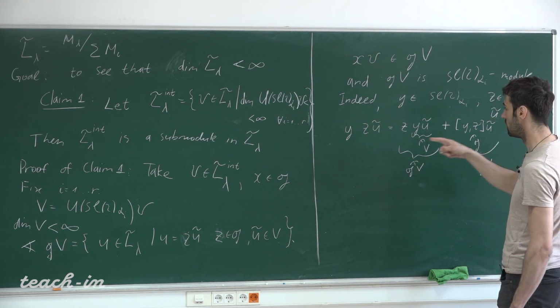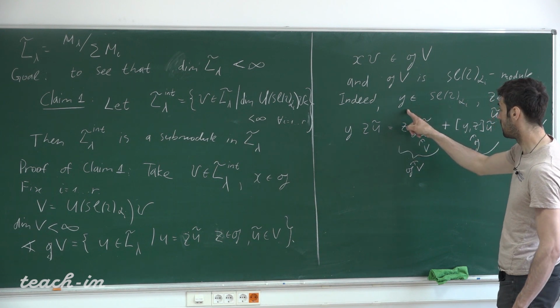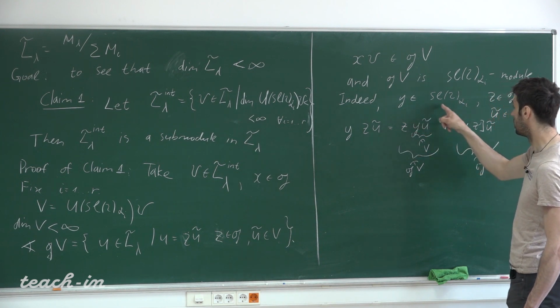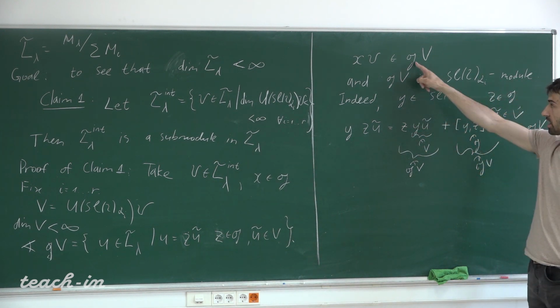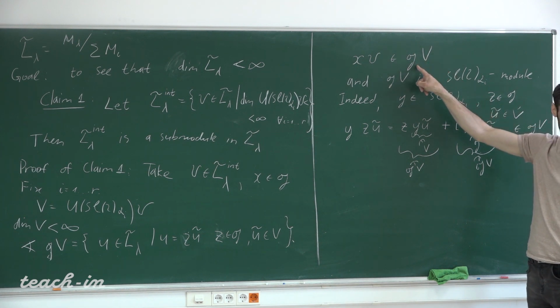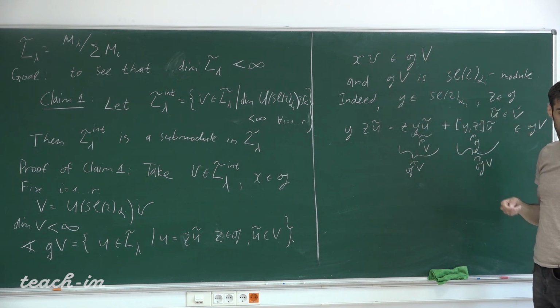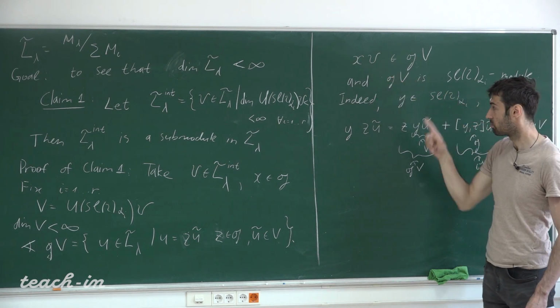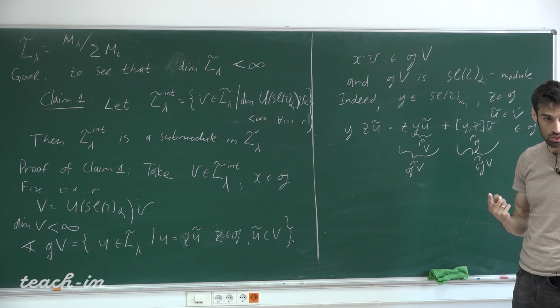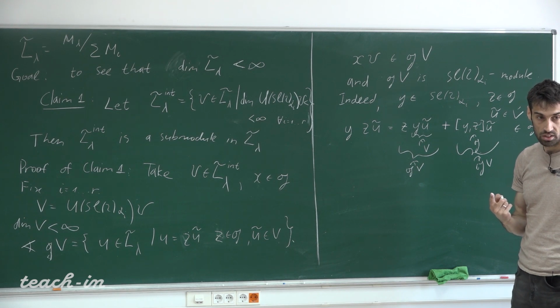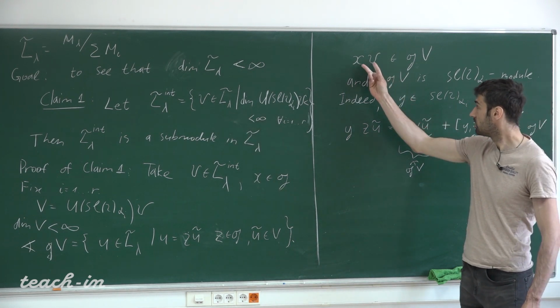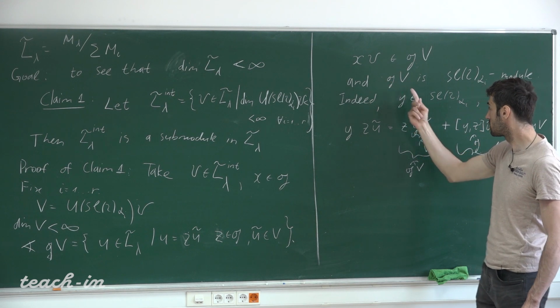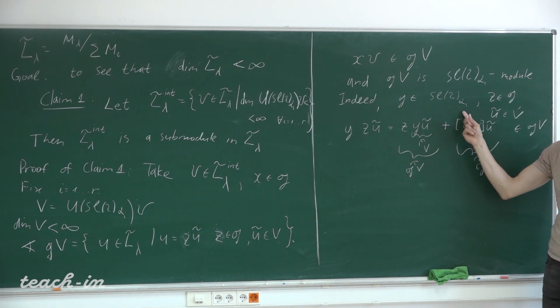So therefore, if I apply an element Y from SL2 alpha I, I don't go outside of GV. So GV is an SL2 alpha I module, and moreover, it is finite dimensional. So XV lives in some finite dimensional SL2 alpha I module.